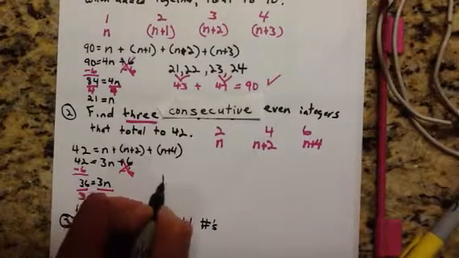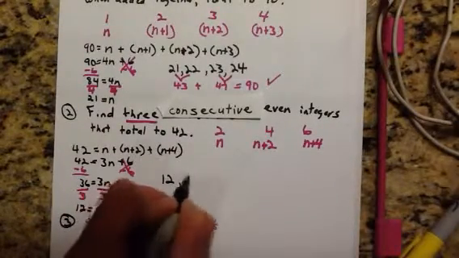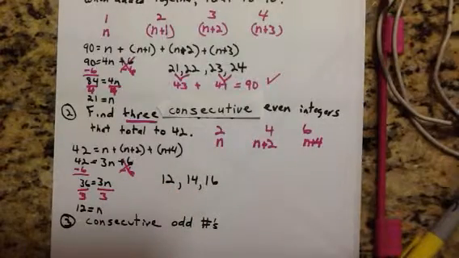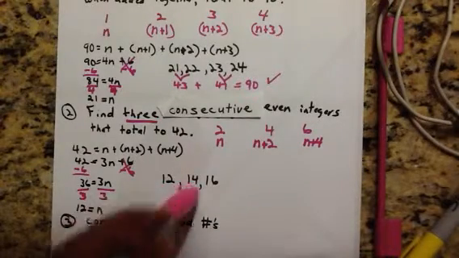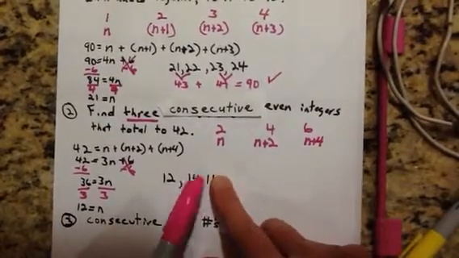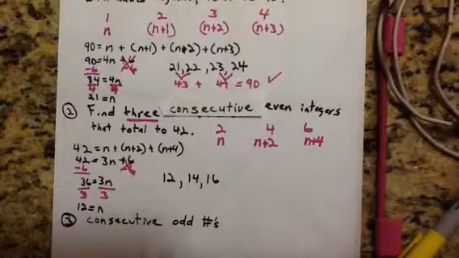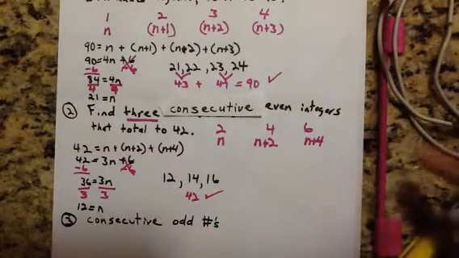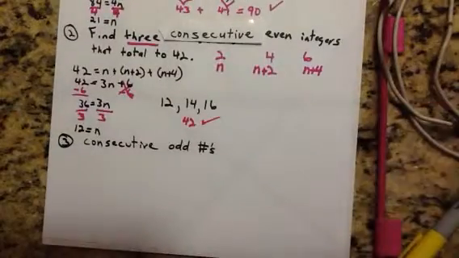Okay, so we found our first is 12, then 14, 16. And let's add those up just to check ourselves. 12 plus 14 would be 26. Another 10 would be 36, and 6 would be 42. So that answer checks.